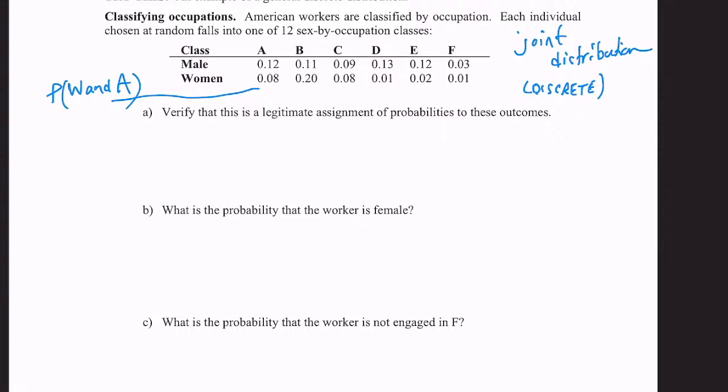So the way I've written it, you can't be two things at the same time. You're either a male or a female, and in one of these. So this would be your primary occupation class, I guess.